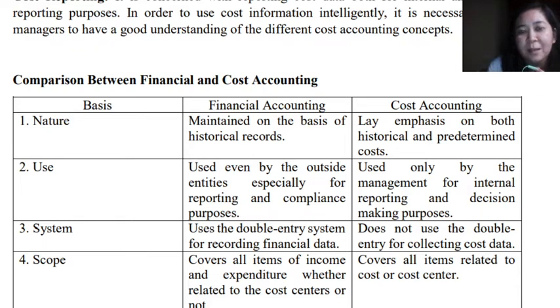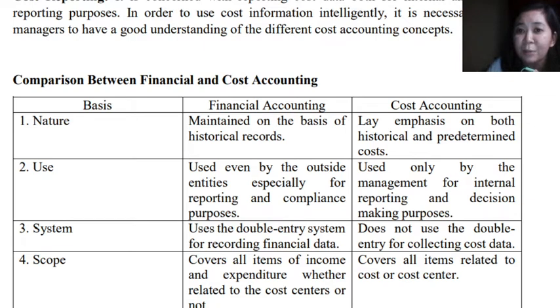So the next basis is the system. Financial accounting, as we all know, uses the double entry system for recording the financial data. Meaning every debit should always have a credit entry, and they should be equal as well. What about under cost accounting? In cost accounting, basically we do not use the double entry for collecting the data.